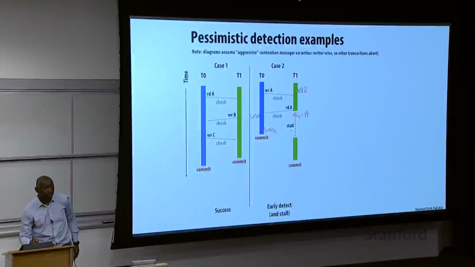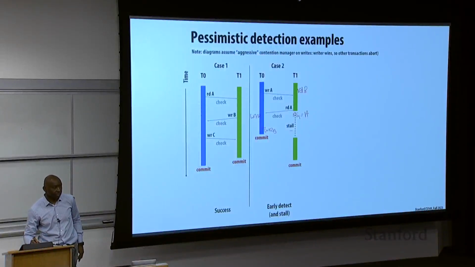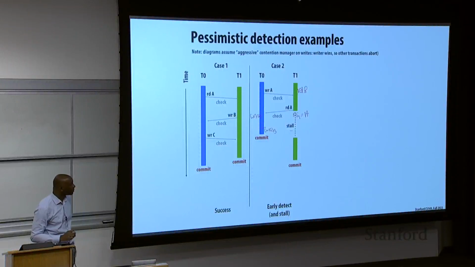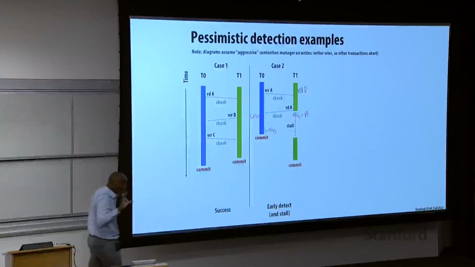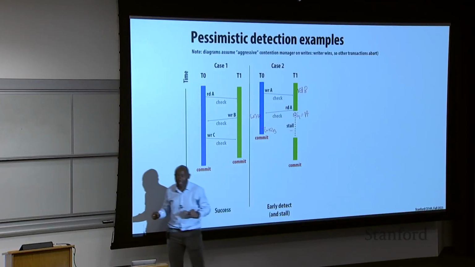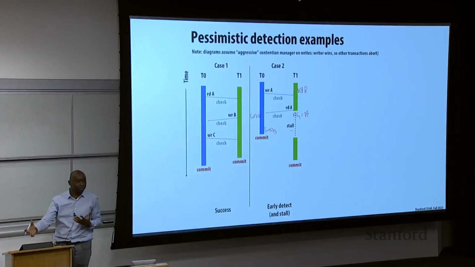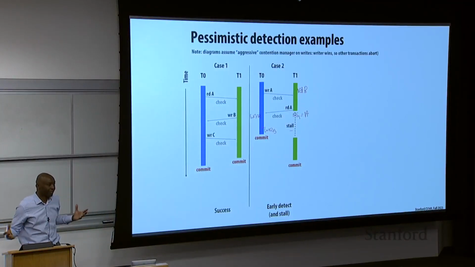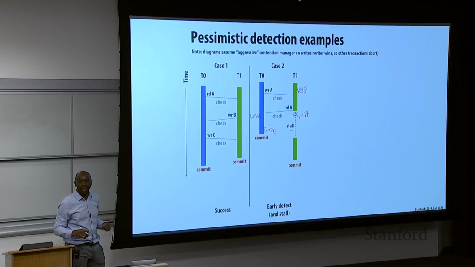Even though it's stalled, the state's still around, and I'm still doing the checks. So the stall becomes an abort. Any other questions?